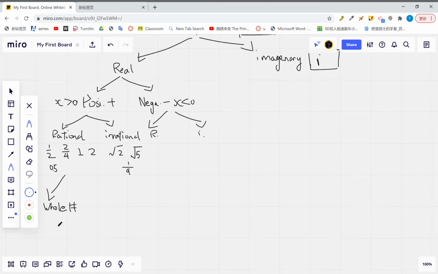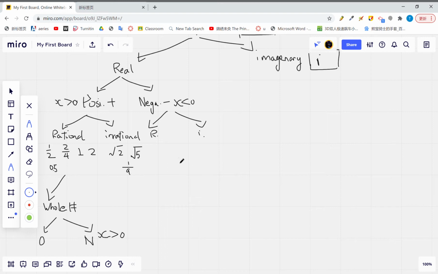Any whole number can be 0 and natural number, which we express as n. Natural number is any number, let's assume it's x, that's greater than 0, not including 0. And 0 remains neutral.